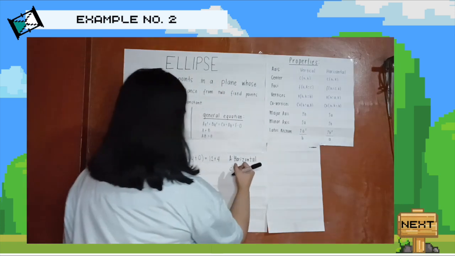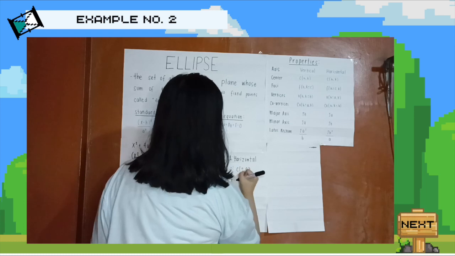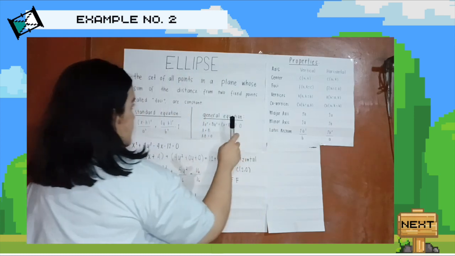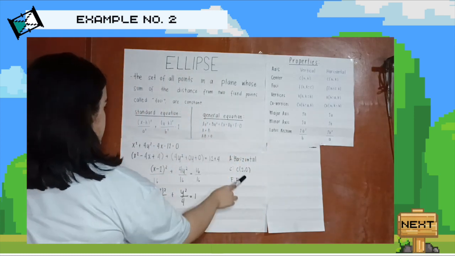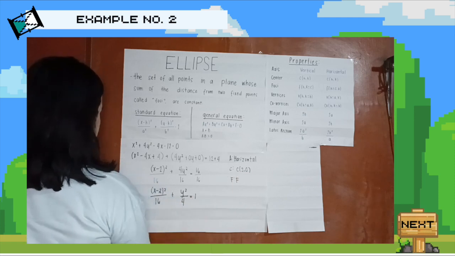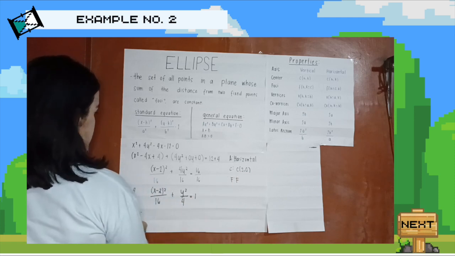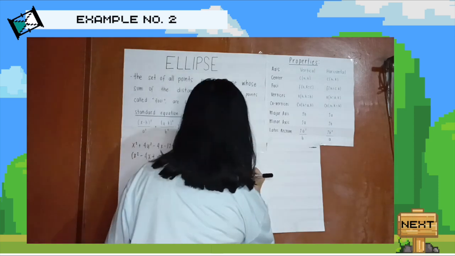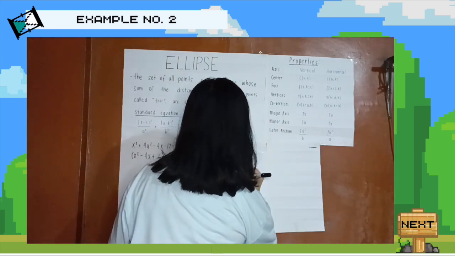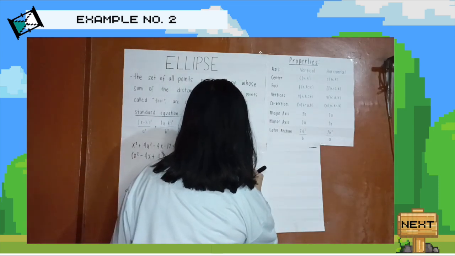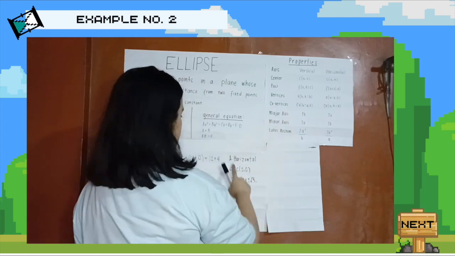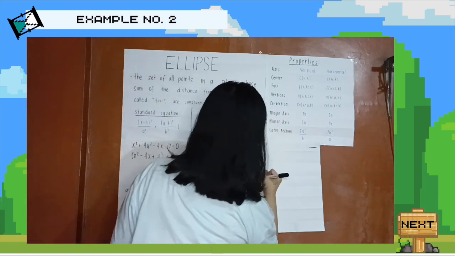H plus c, so 2 plus 2 square root of 3. Comma k, so k is 0.